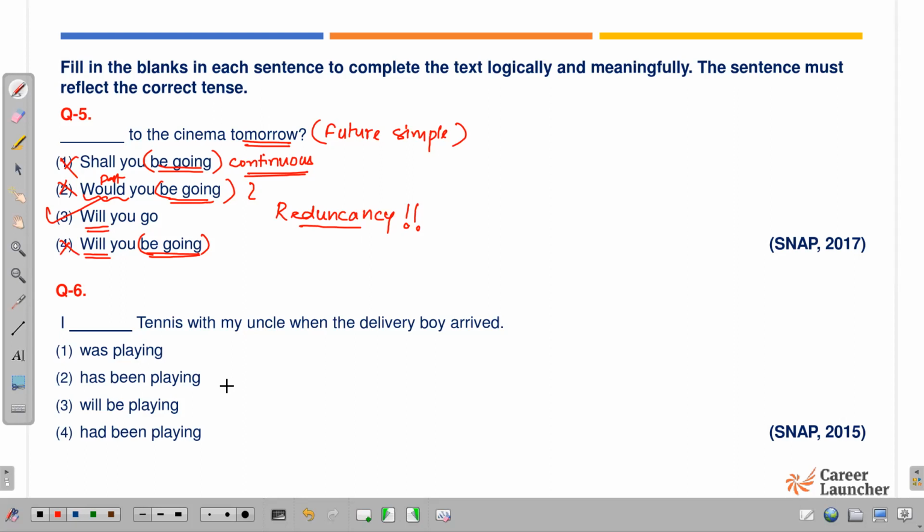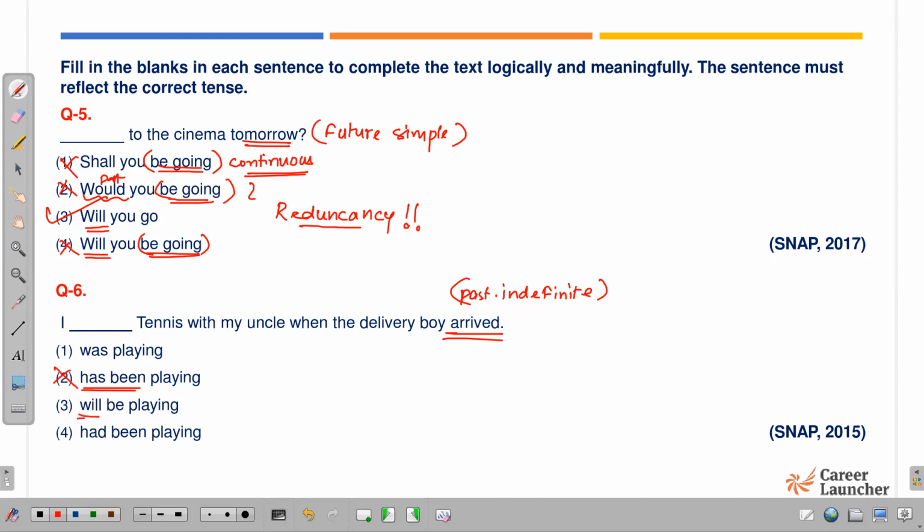Okay. Then I was playing tennis with my uncle when the delivery boy arrived. So this action happened in the past, indefinite. Has been playing. So there is no perfection of the playing. The playing was not complete. The playing was actually ongoing. So therefore, there is no need to add has been.